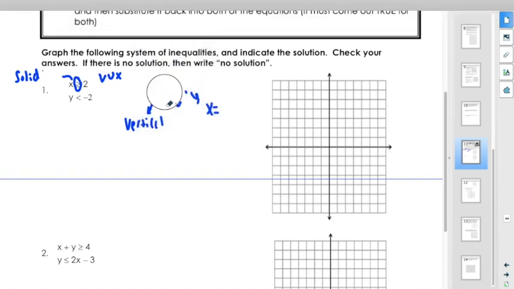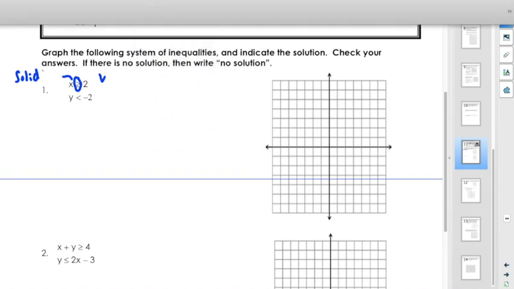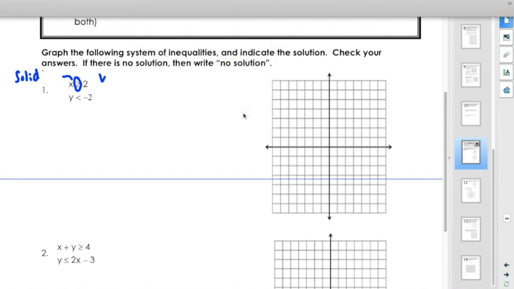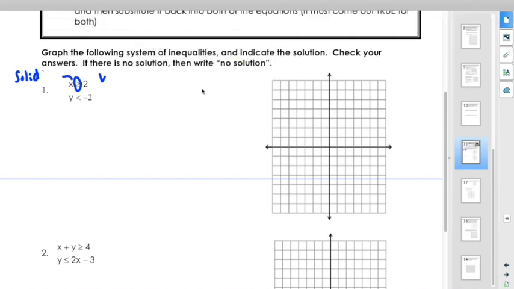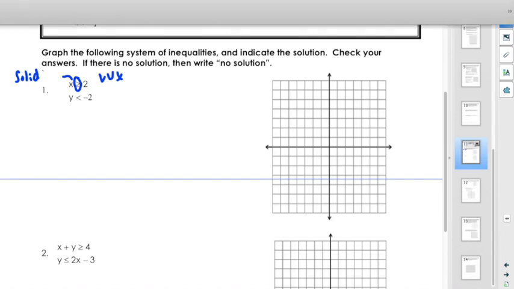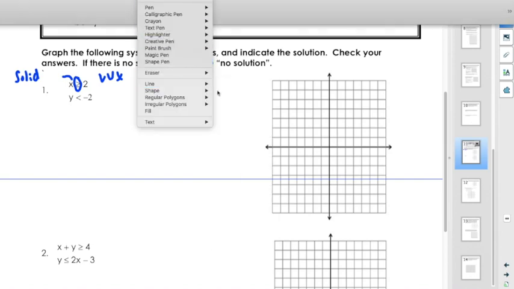Let's erase this. It's going to be a vertical line at 2. Well, let's graph this again. It's going to be a solid line too. So I'm going to pull out the line.